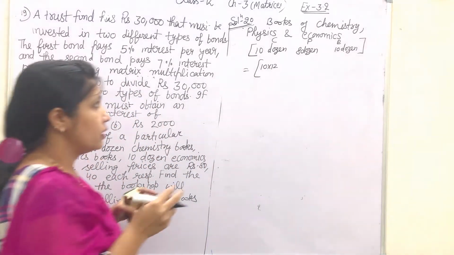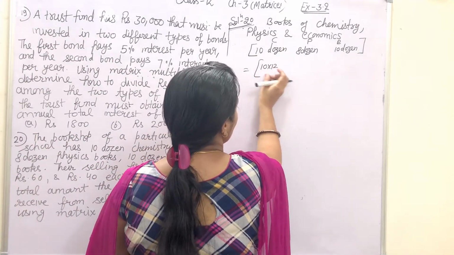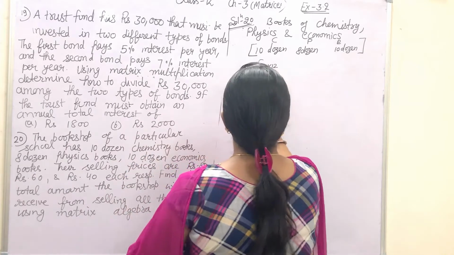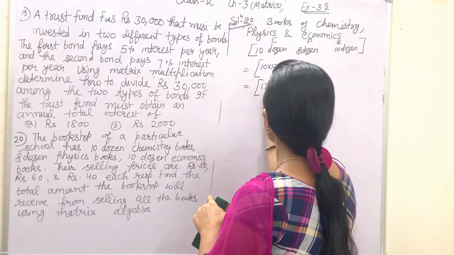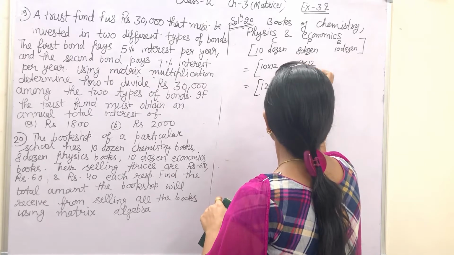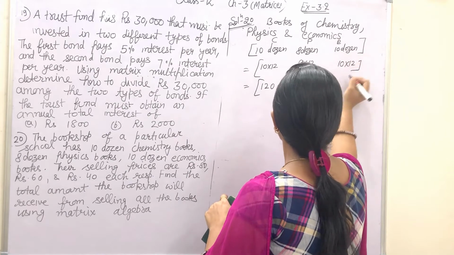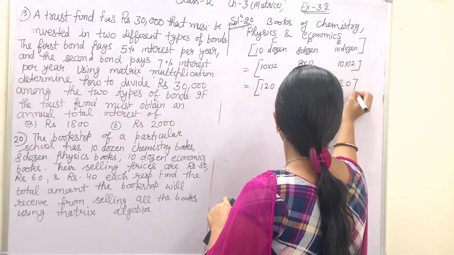So we open it and write our quantity of books: that is 120, here 8 into 12 is 96, and 10 into 12 is 120.